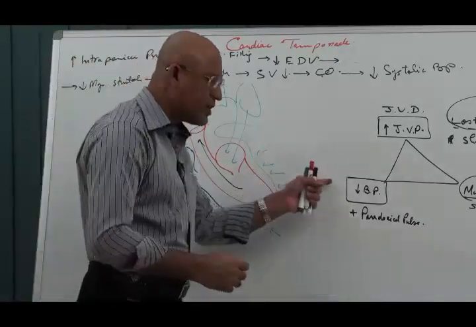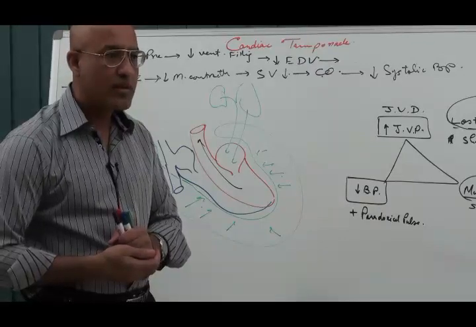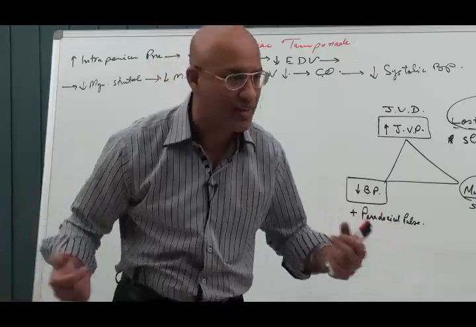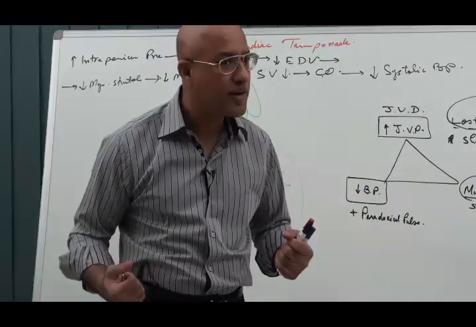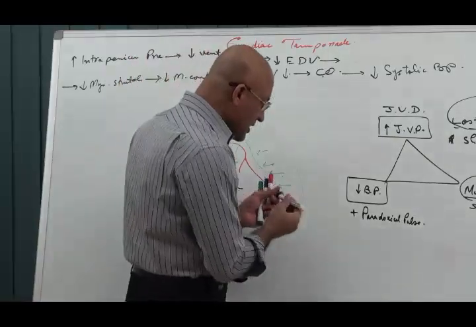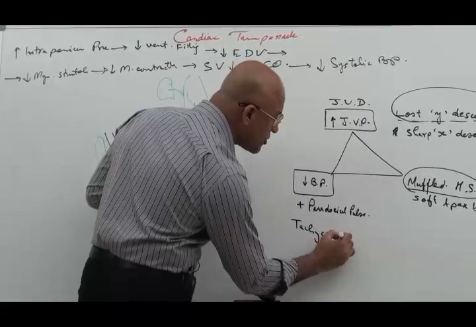Now, of course, when your blood pressure drops significantly, what happens? Sympathetic overflow occurs, compensatory mechanisms come into action, and you develop tachycardia. Is that true or not? So actually, there will be tachycardia, even due to anxiety.